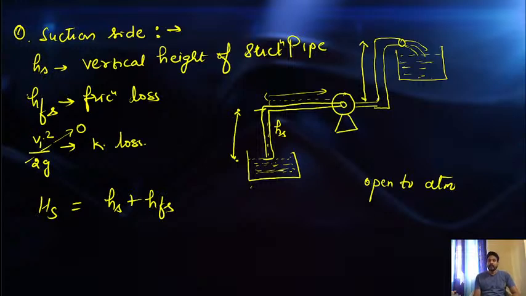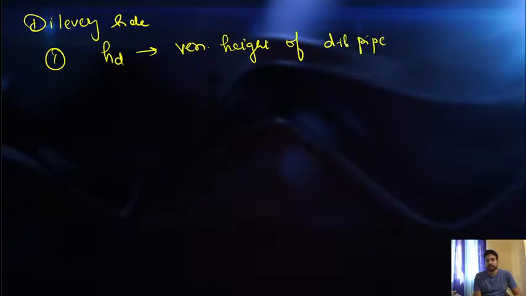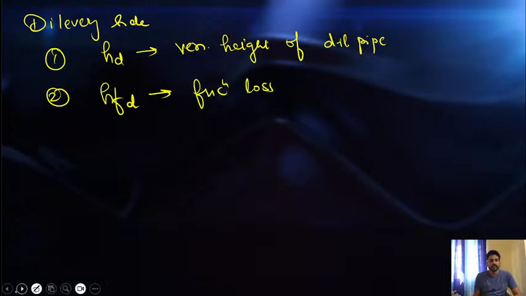Okay. Now what is the head in the delivery side? In the delivery side, first is my HD, simple, the vertical height of the delivery pipe. Second is my friction head loss, right?